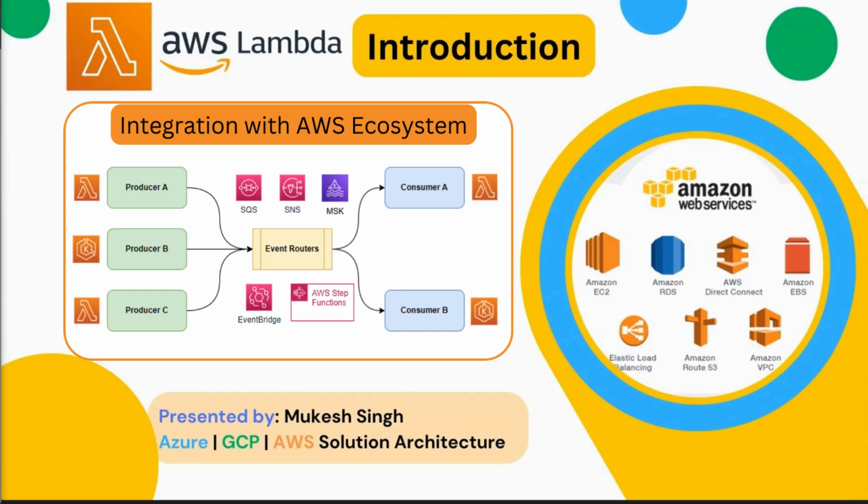For example, you may design a serverless application that processes data from Amazon S3, generates notifications via Amazon SNS, and stores results in Amazon DynamoDB. And this is all without maintaining servers or infrastructure.